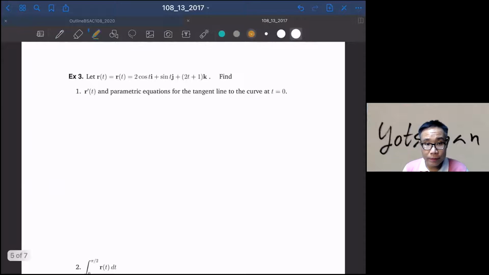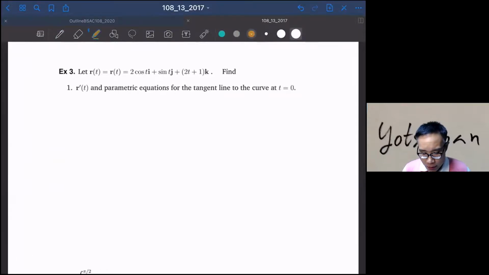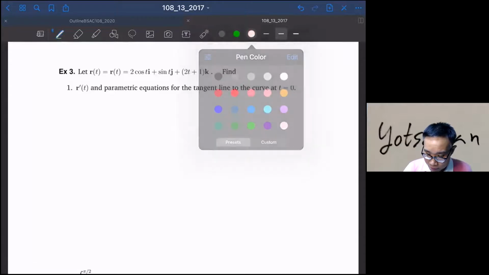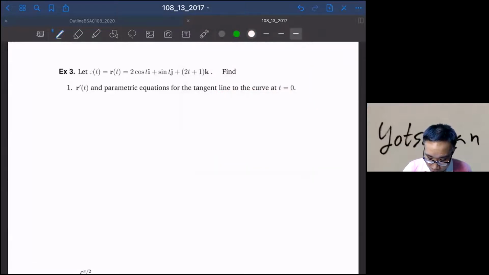The next one, okay, we have r(t) equal to 2 cos t, sin t, 2t plus 1 times k.